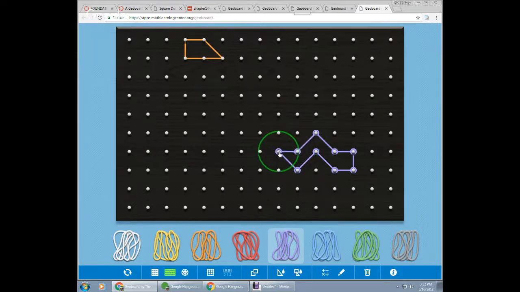Click in the middle there. Good. 1, 2, 3.5. Yeah, 3.5.